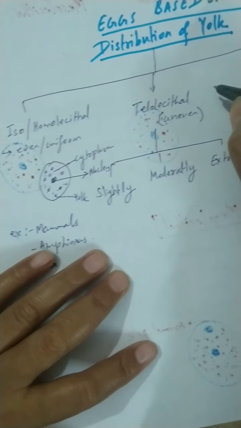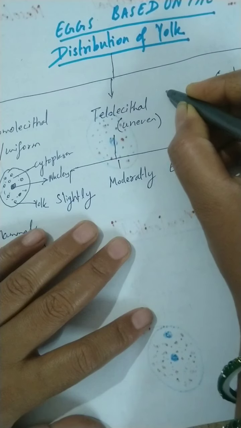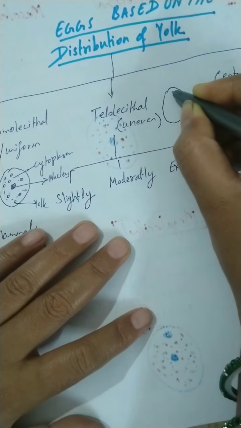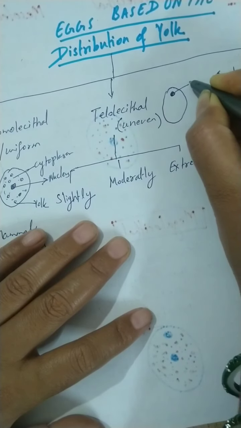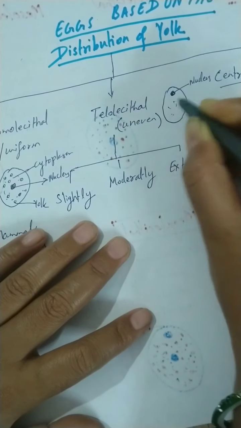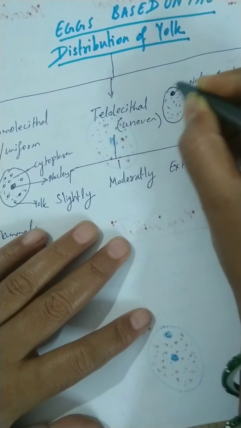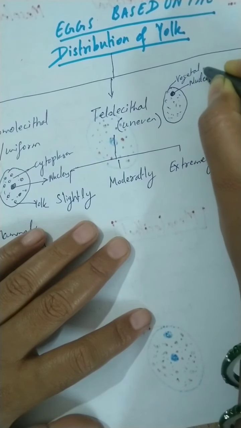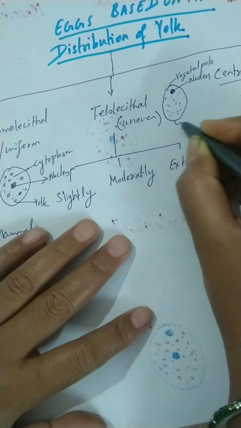Now we can see the diagram of telolecithal. This is the egg. Here is the nucleus. This is the cytoplasm. This is the vegetal pole. This is the animal pole.